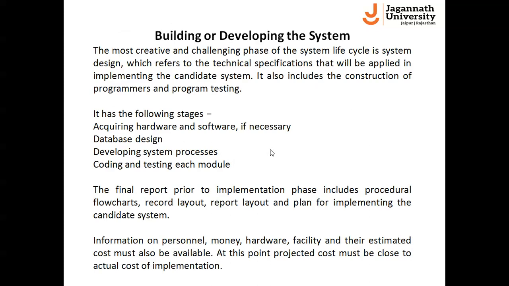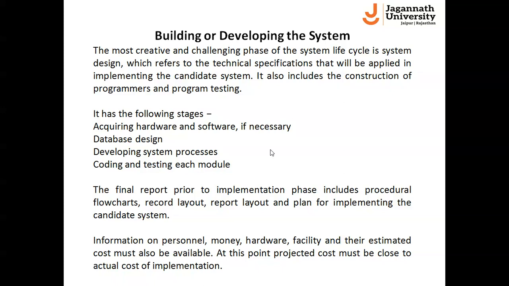Building or developing the system. The most creative and challenging phase of the system development life cycle is system design, which refers to the technical specification that will be applied in implementing the candidate system. It also includes the construction of programs and program testing. It has the following stages: acquiring hardware and software if necessary, database design, developing system processes, coding and testing each module.